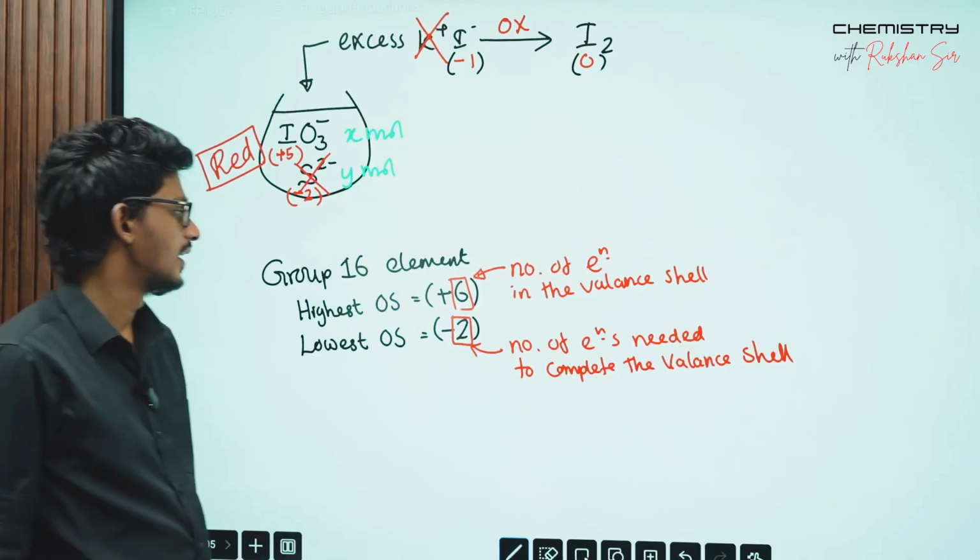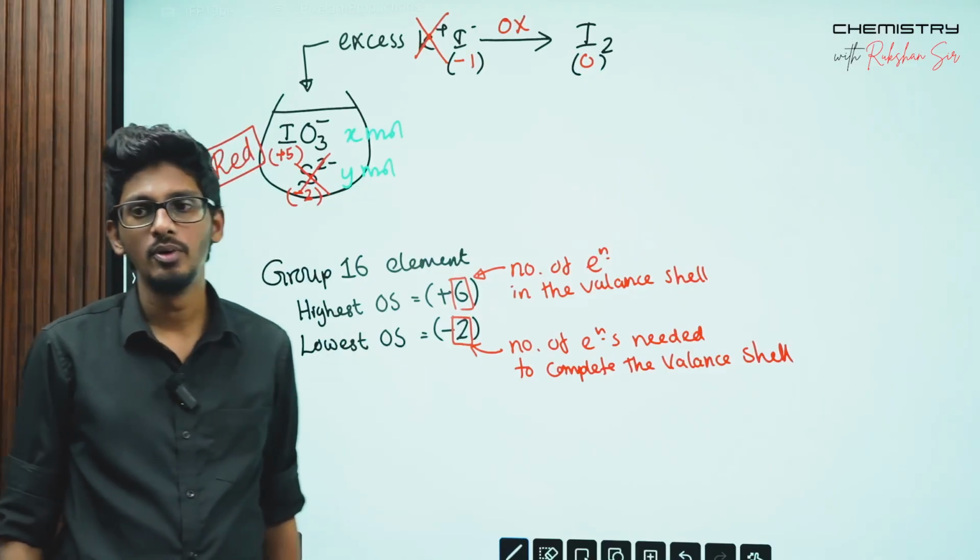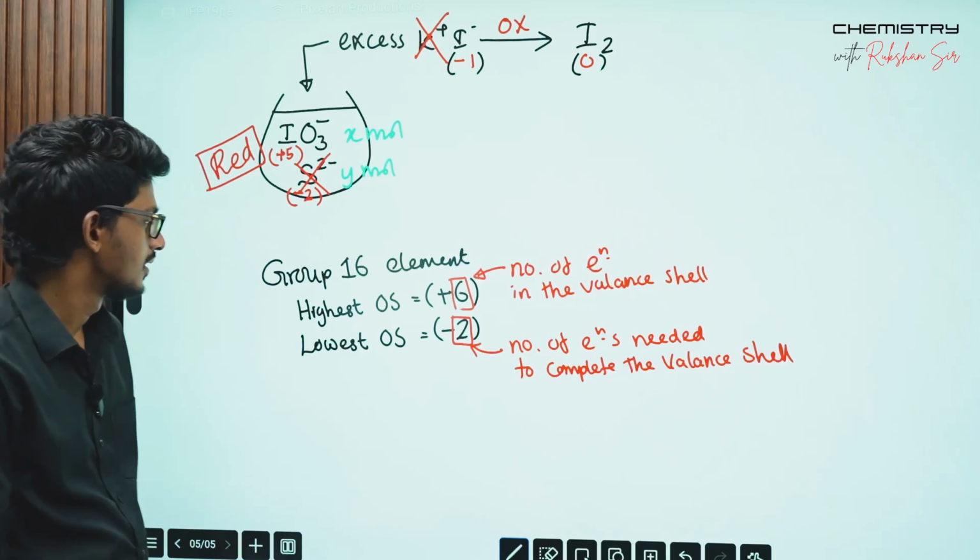Like that, you come up with the highest and the lowest oxidation state of p block nonmetals.